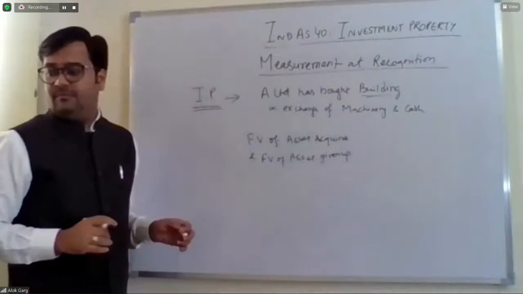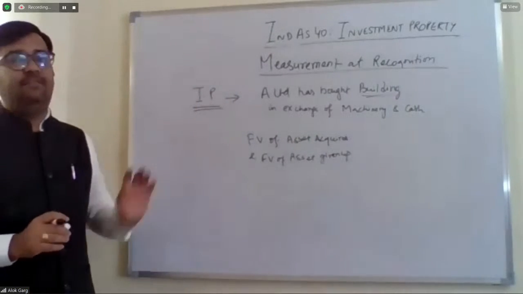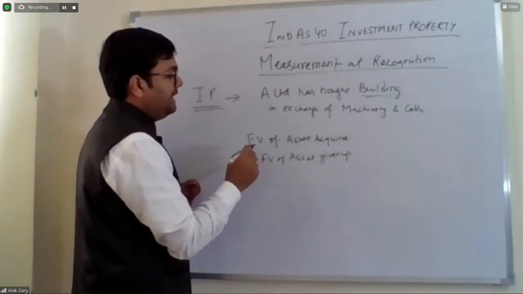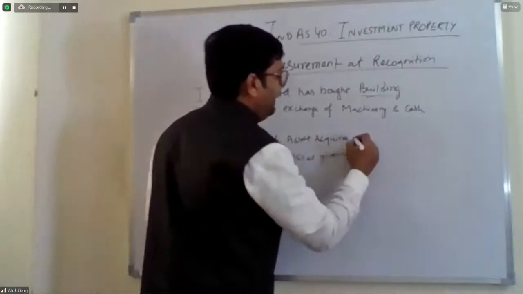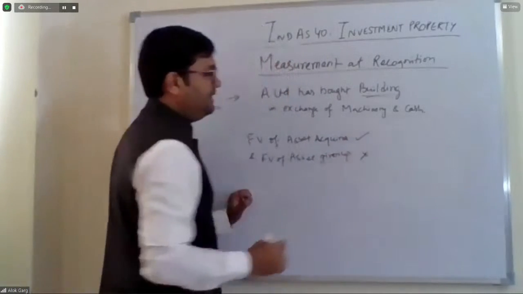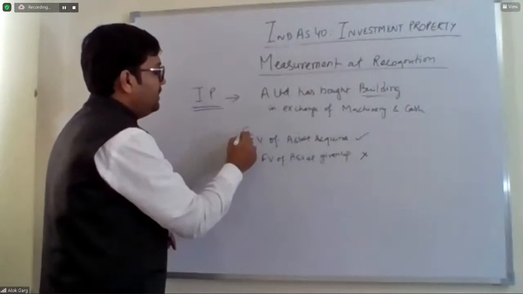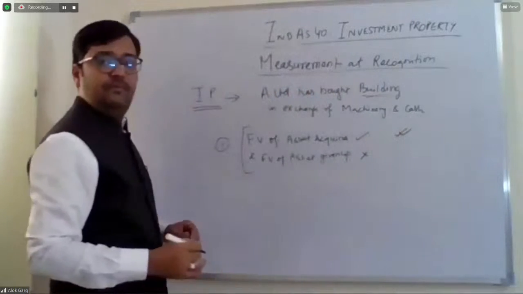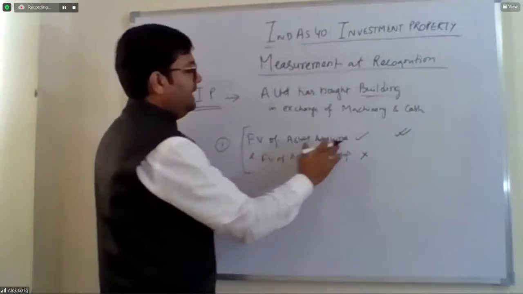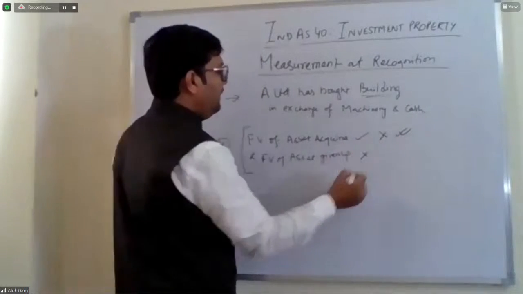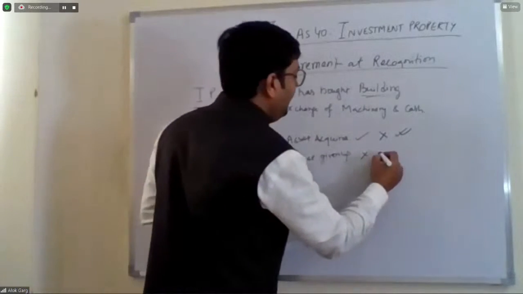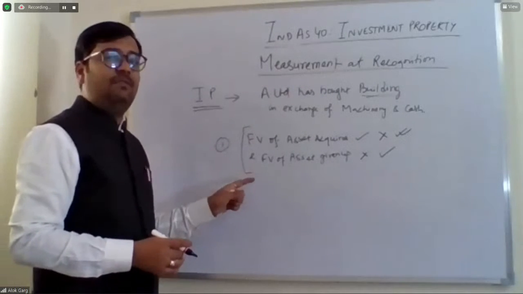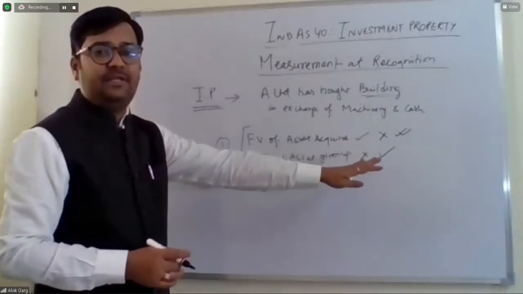If the company can calculate the fair value of the asset acquired but cannot calculate the fair value of the asset given up, then this transaction should be recorded at the fair value of the asset acquired. For example, if the company cannot calculate the fair value of the asset acquired but can calculate the fair value of the asset given up, then this transaction will be recognized as per the fair value of the asset given up.